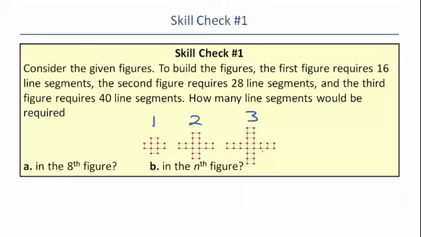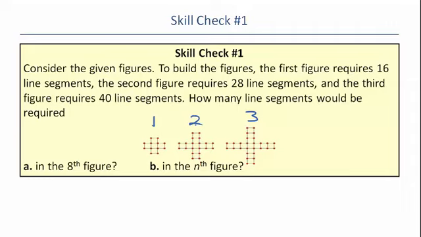Wouldn't the 8th figure have 8 blocks on each of the 4 propellers, if you want to think about it that way? Or maybe you started adding up all the dots or all the line segments, and you can make a correlation between the number of dots and the figure number. But basically, you're just looking for a pattern. So now the nth figure is going to have n boxes in the 4 directions.